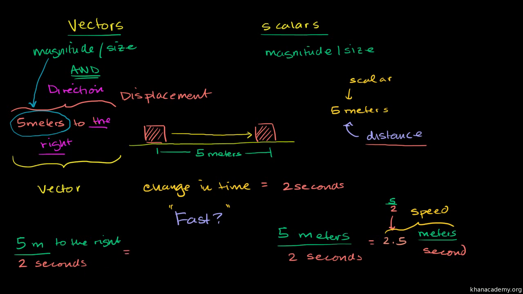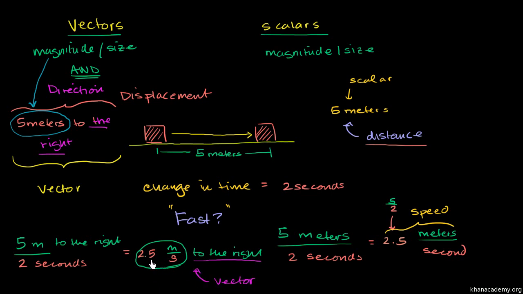We get, once again, 2.5 meters per second to the right. So is this a vector or a scalar quantity? I'm telling you the magnitude of the speed. That's right here, 2.5 meters per second. And I'm also telling you the direction, to the right. So this is a vector quantity.